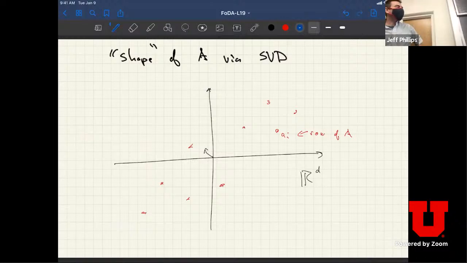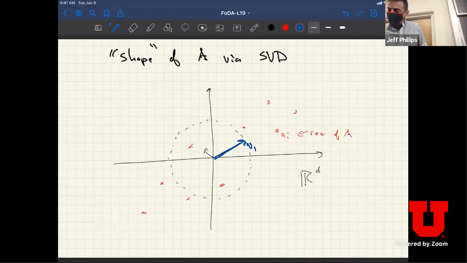Now, to think about what these right singular vectors are representing, this will be something like V1, the first right singular vector. It's a unit vector, so it's sitting on this unit circle, this circle of radius 1.